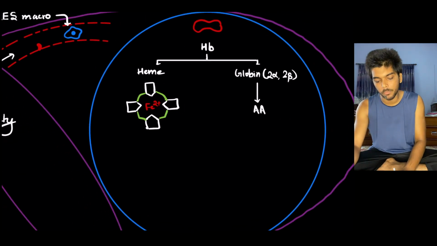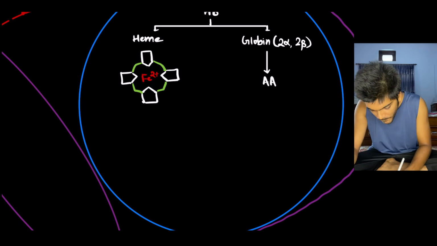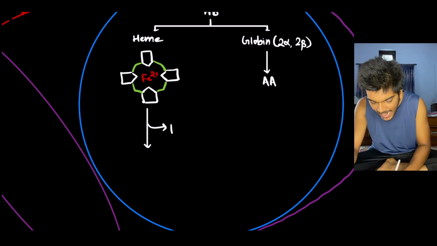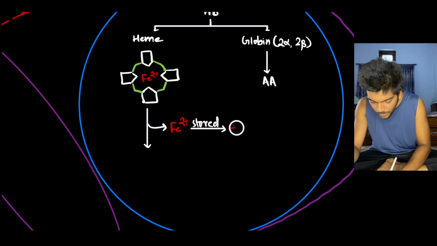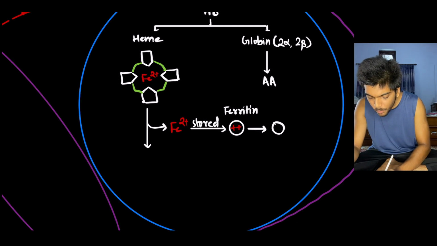Let's break it down. So first, the iron from the center is snatched out. Okay, so we are taking out that iron. And this iron is then what? It is stored. It is stored in the form of ferritin.